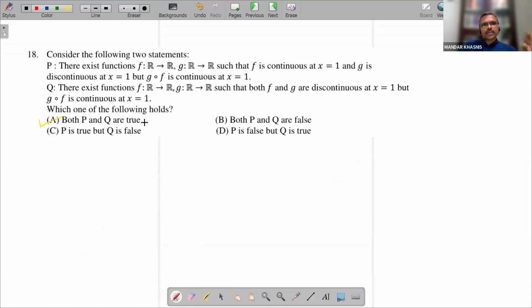If you are not able to construct, we are going to meet again. At that time, I will give you the solution. I'm sure you will be able to construct the examples. So the answer is both P and Q are true. That's the correct answer. For each one of them, you can construct the example definitely.